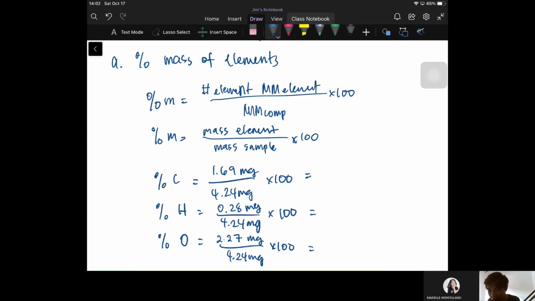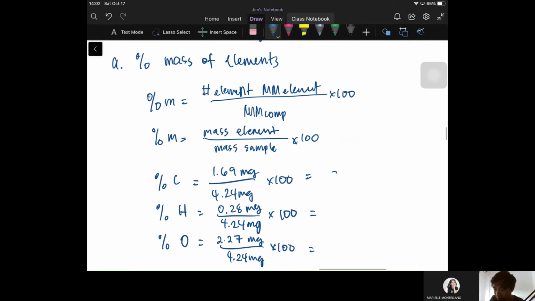Okay, so this is 39.86%. Okay, so that's the percent carbon. Hydrogen naman, 0.28, 6.60% hydrogen.